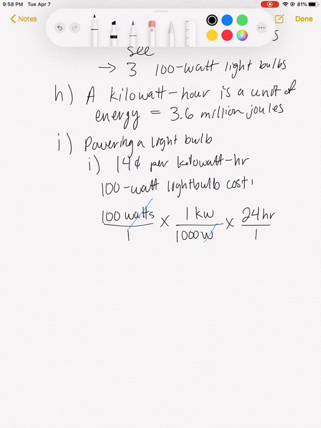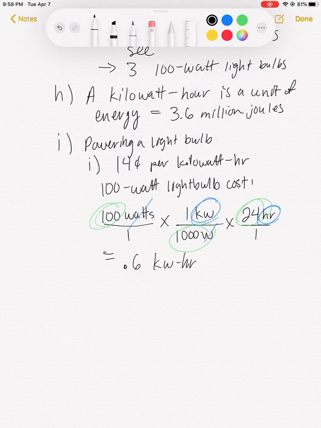So our units are kilowatts times hours, kilowatt hours. To find how many kilowatt hours that is for having the light bulb on all day, we multiply the 100 by the 24 and then divide by 1,000. That's exactly equal to 0.6 kilowatt hours.